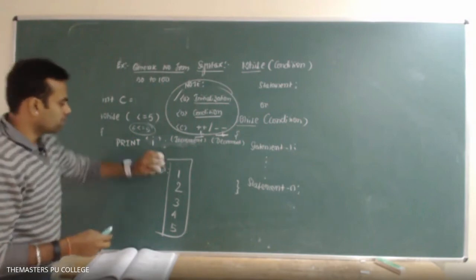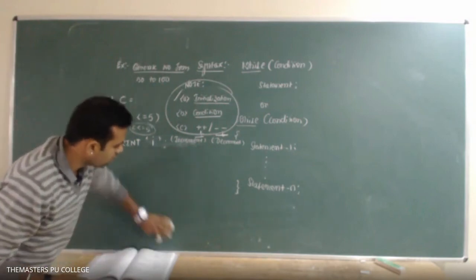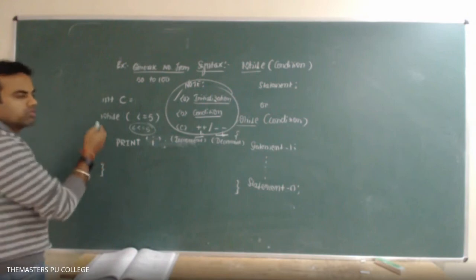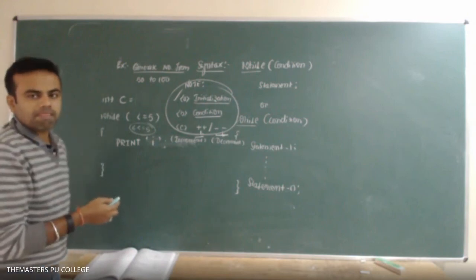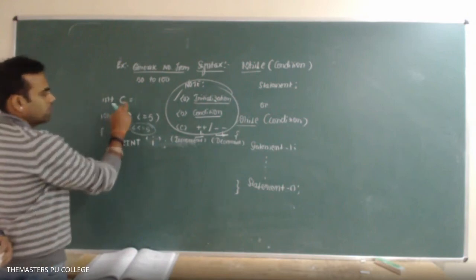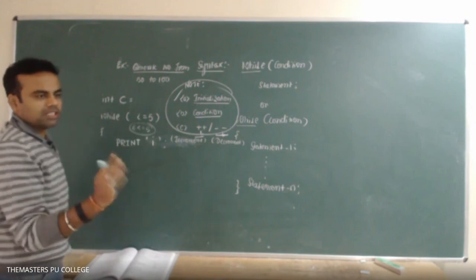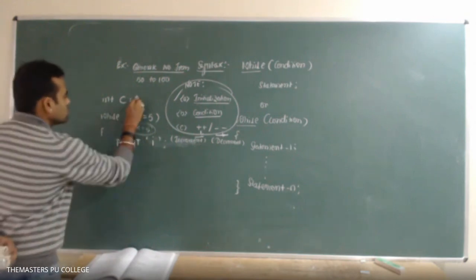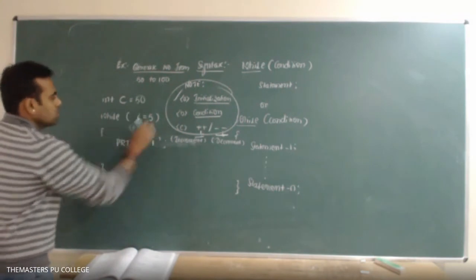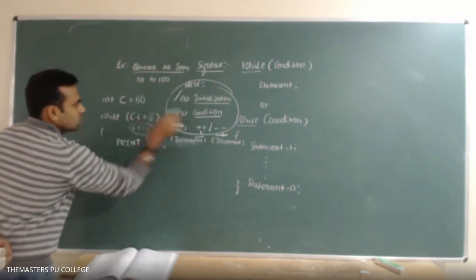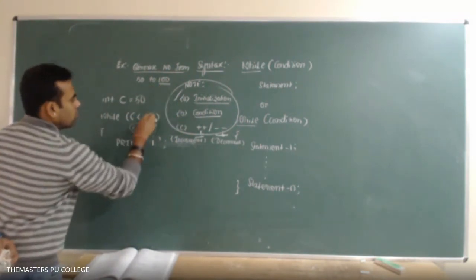I need to generate the numbers from 50 to 100 now. I am taking c, not I. What is the initialization value? Yes, it is 50. Then c is less than or equal to 100.